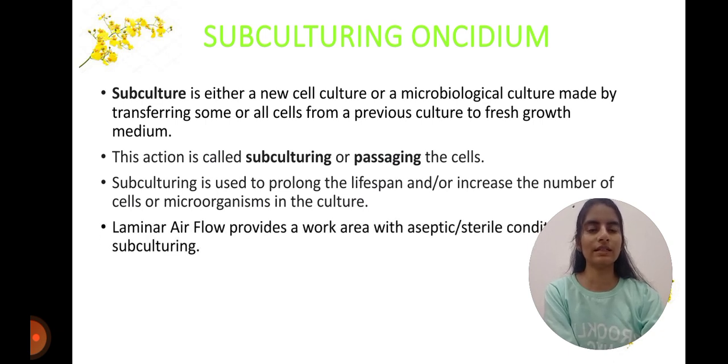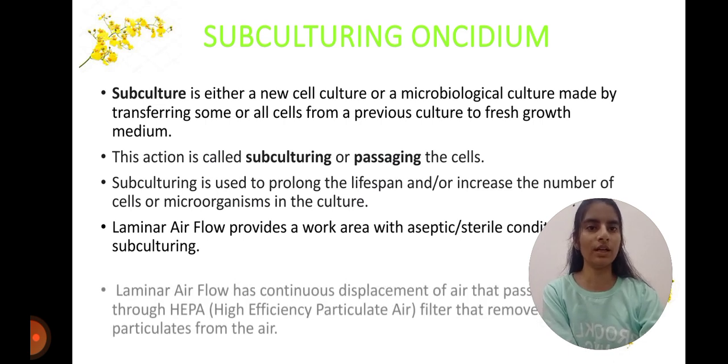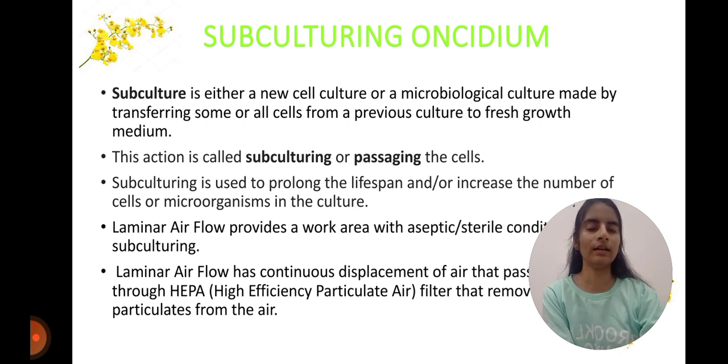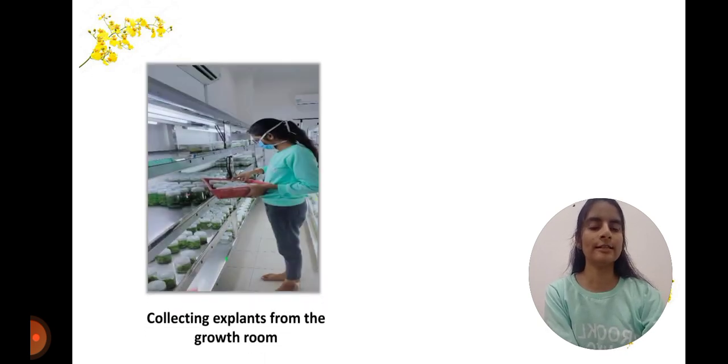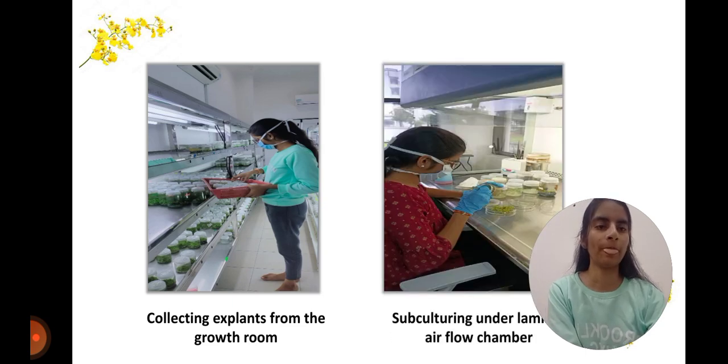It generally takes place under laminar airflow, which gives sterile conditions. The laminar airflow has HEPA filters, which give a continuous displacement of air to remove contaminated particulates from the air. These are the pictures of the subculturing, collecting explants from the growth medium, and subculturing under the laminar airflow chamber.